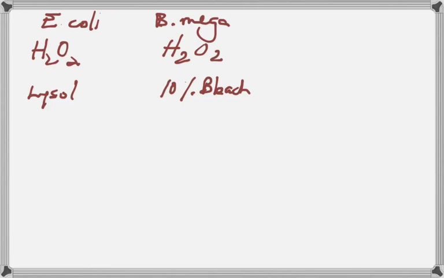The Pseudomonas, the largest, was kind of tied between the 30% bleach and the hydrogen peroxide. Okay. Who else had a Pseudomonas one? Similar? Okay. So 30% bleach or H2O2.